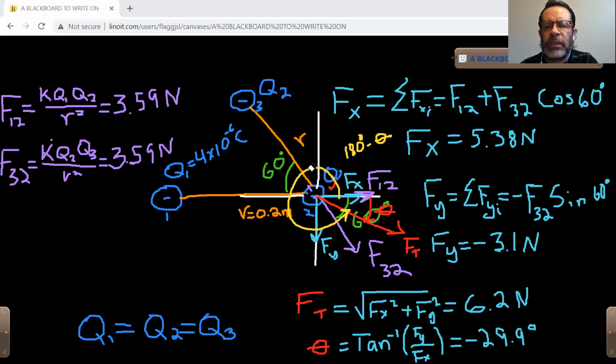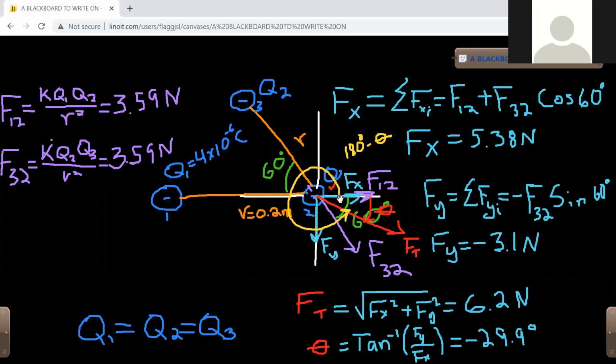It would be 331, or 330, and only if we wanted to represent it as an angle that's less than 180, that's when we would use the 150. So the 331 or the 150 or the minus 29.9, all of those would be correct, as long as you're referencing them in the diagram.